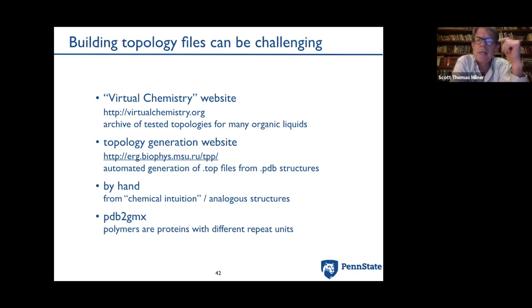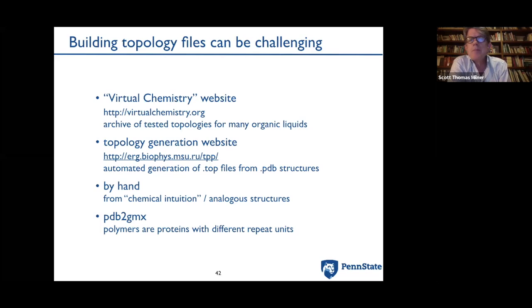And you're going to see a little bit of that in a little while in the last example that we do for decane. But we use this routinely to build topology files for polymers.